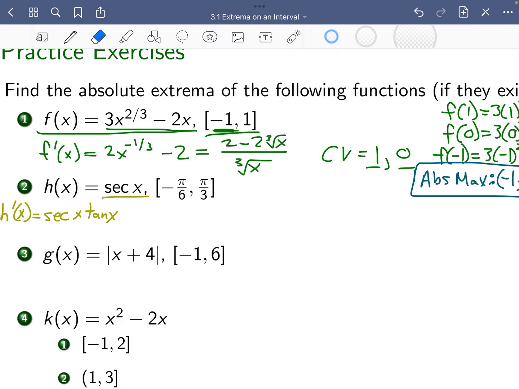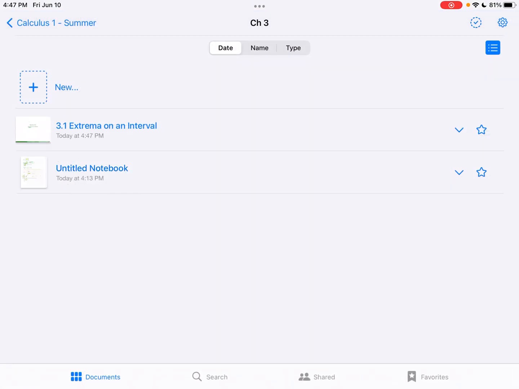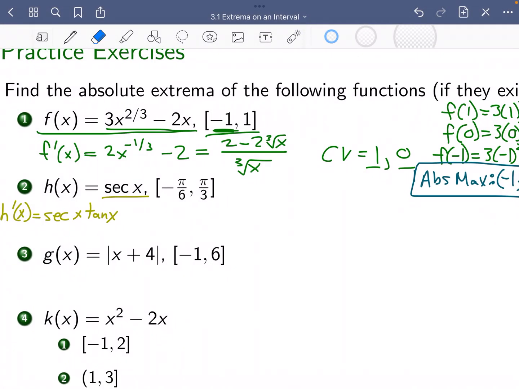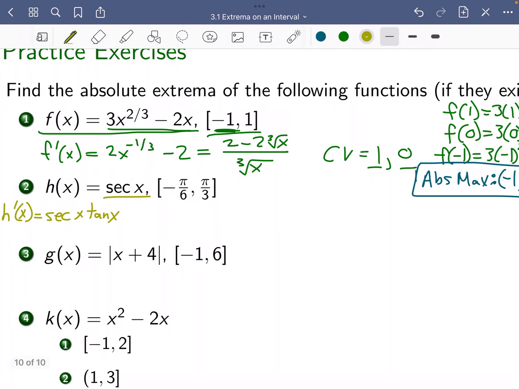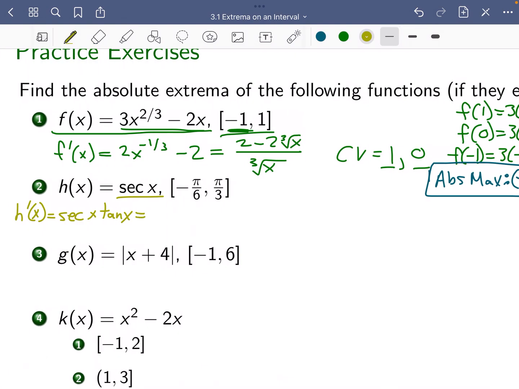And then we are going to set that equal to 0. But prior to setting it equal to 0, let's rewrite this in terms of sines and cosines. In terms of sines and cosines, this is sine x over cosine squared x.